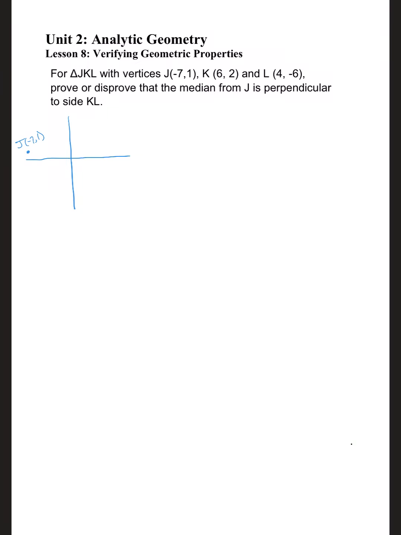K is at 6 and 2. And L is at 4, -6. And we'll go ahead and connect those dots.